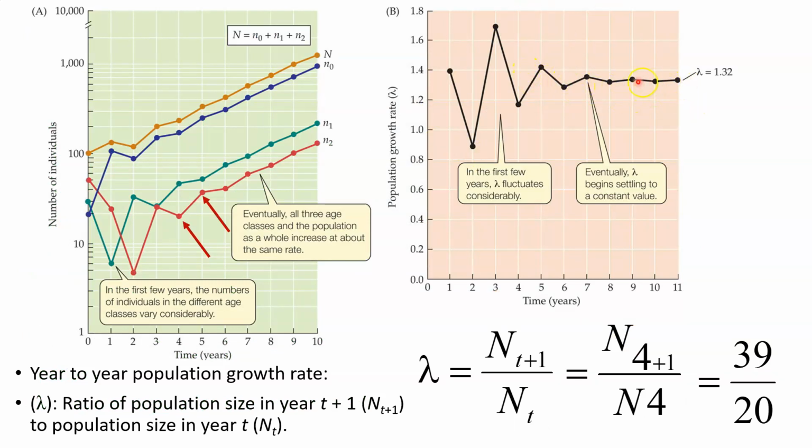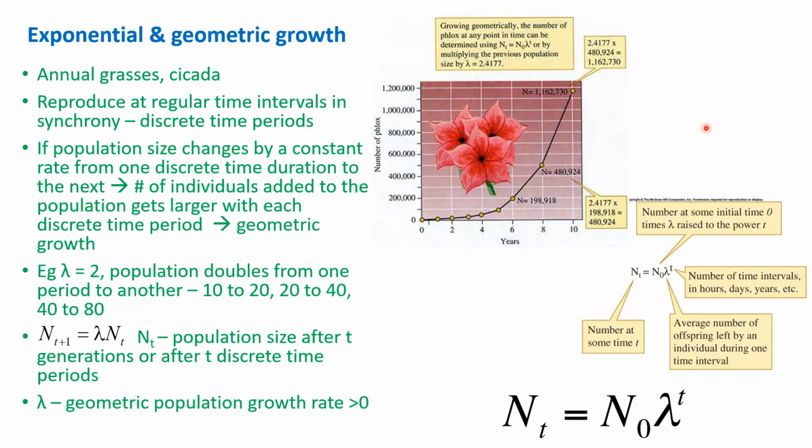So because of this stability, because you are seeing a flatter curve over here, lambda, the population growth rate, is a constant at a longer time frame. So that's why we consider the growth rate to be a constant from one discrete time interval to the next, right? So if that is a constant, the number of individuals added to the population gets larger with time, okay?